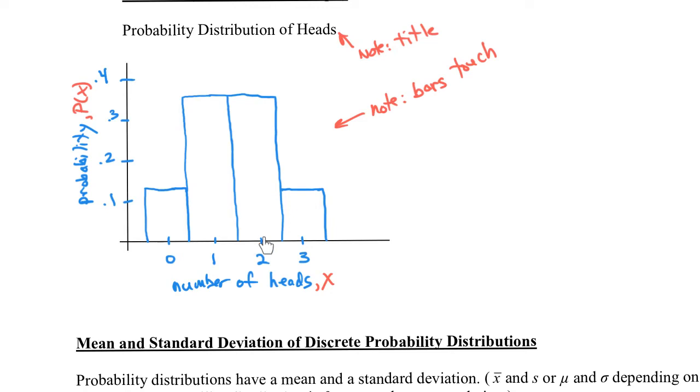So don't think of it like a traditional number line like there's a 3.2. So bars touch. And basically it's a probability distribution of the possible outcomes. It's the same information that was given in that table, but now we give it in the form of a graph. So this is a probability distribution graph.